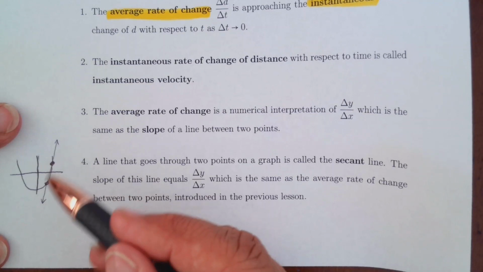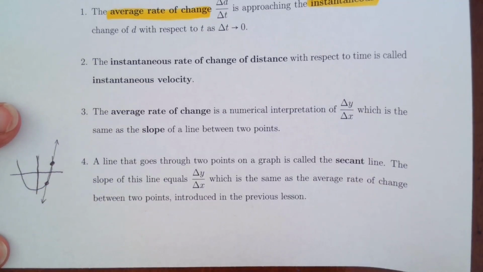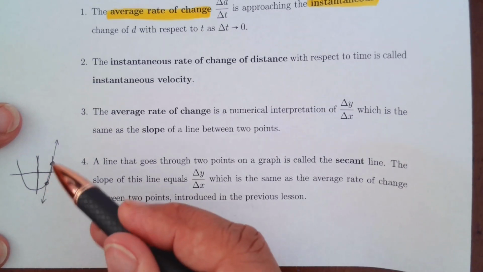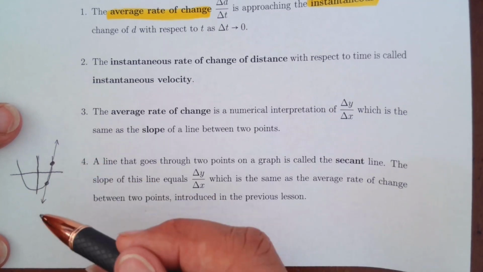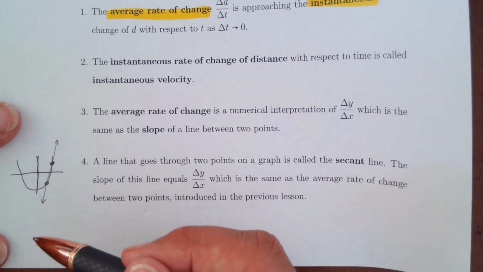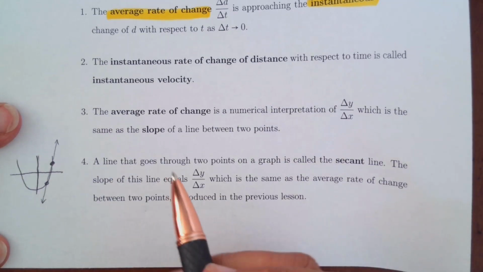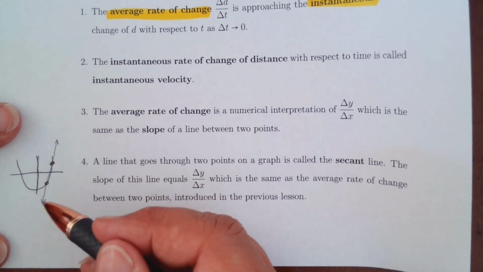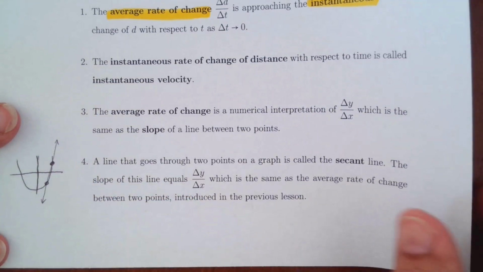It goes through 2 points on a graph. The average rate of change through those points is the slope of this line. That's what we've already done. So that's an average rate of change. Average always means between 2 points, right? That's what an average is. All right, so let's look at the next page.